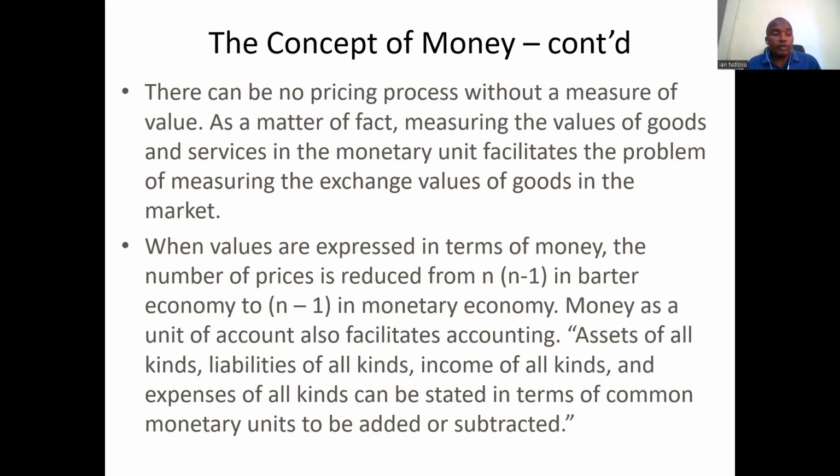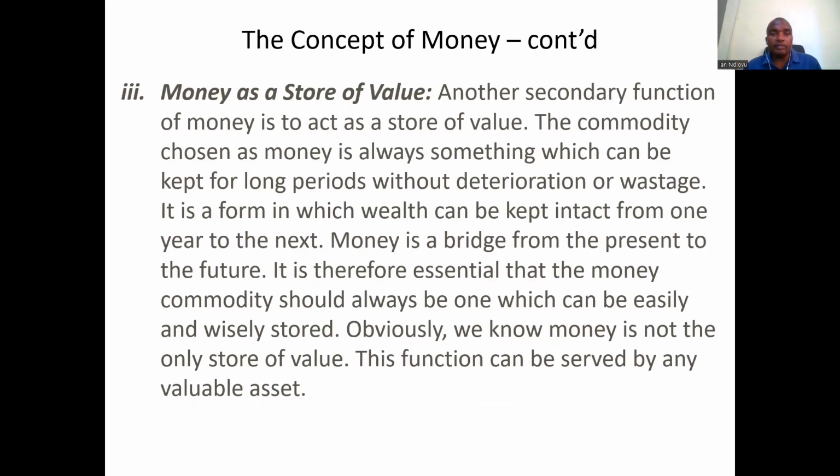The whole field of accounting, finance, and banking wouldn't exist if there was no money. Assets of all kinds, liabilities of all kinds, incomes of all kinds, and expenses of all kinds can be stated in common monetary units, which can be added or subtracted, multiplied or divided.